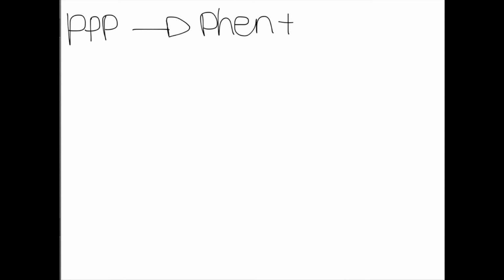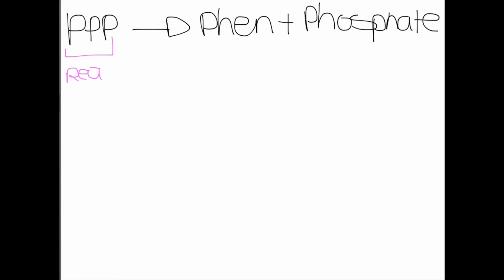So we're just going to come over here. I'm just going to write the reaction that we've seen in our practical. So we've got our PPP, which is broken down by an enzyme to phenolphthalein plus phosphate. Okay, so this here, remember, is our reactant, or because we're talking about enzymes, it's our substrate.